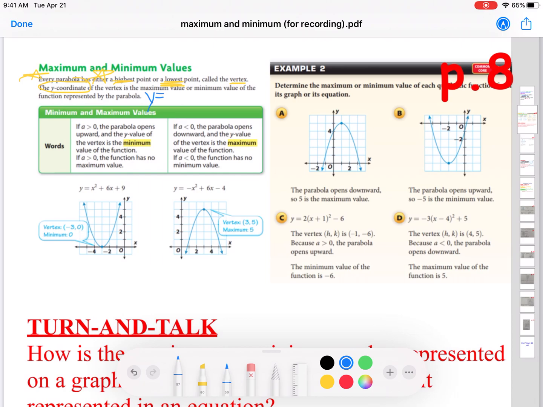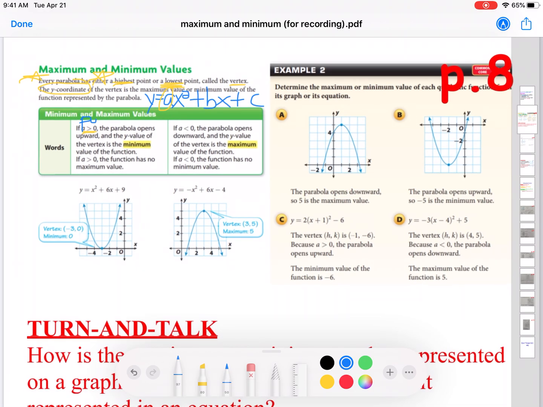Remember that standard form is y equals ax squared plus bx plus c. The hint that they're giving you here has to do with the a value. If the a value is greater than 0, meaning that the a value would be positive, that means that the parabola opens upward.